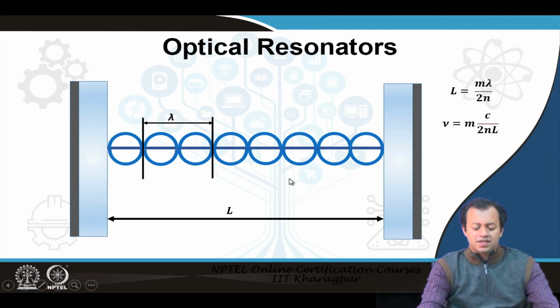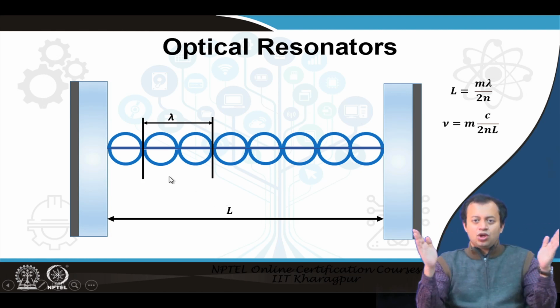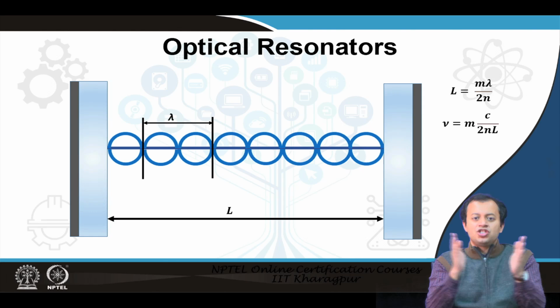In air, if you have put a Fabry-Perot cavity in air, then n becomes 1. So, L is lambda by 2, meaning only those waves that can make a full circle, or that match, the lambda needs to match with the length. So, by changing the length of the mirror, you can change the lambda.